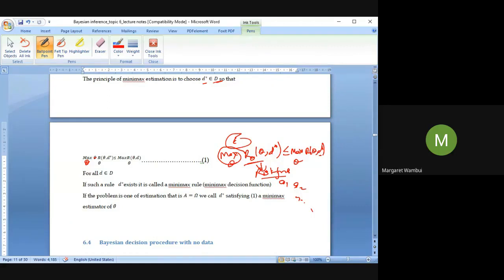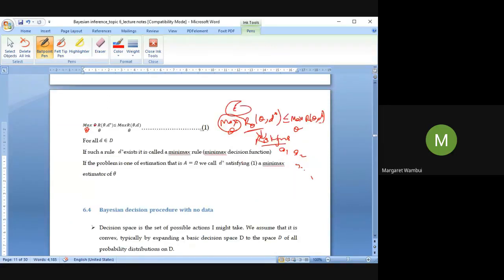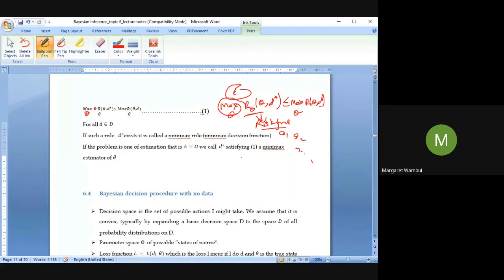In that case there will be some integration, because you're dealing with continuous data. But for this one, you'll have to pick the minimum among all the risk functions that you have computed.